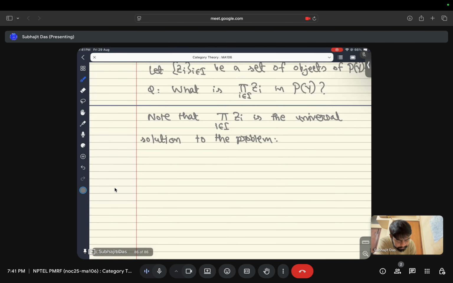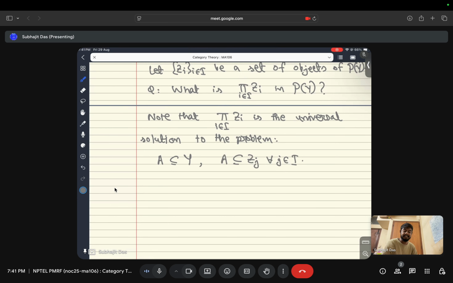What is the problem? The problem is this: A is a subset of Y, A is contained in Zj for all j in I. You need to find the universal solution to this problem.